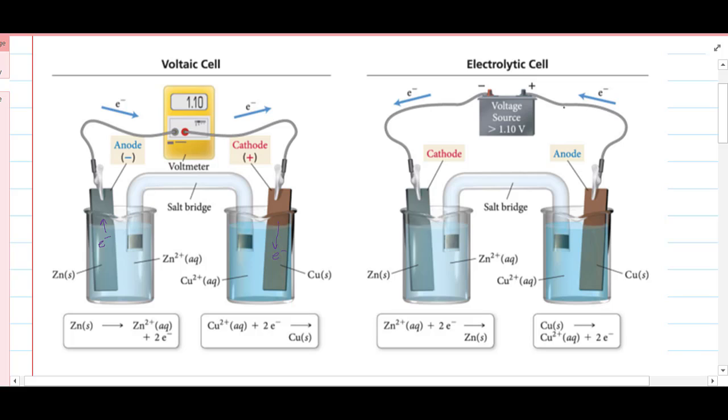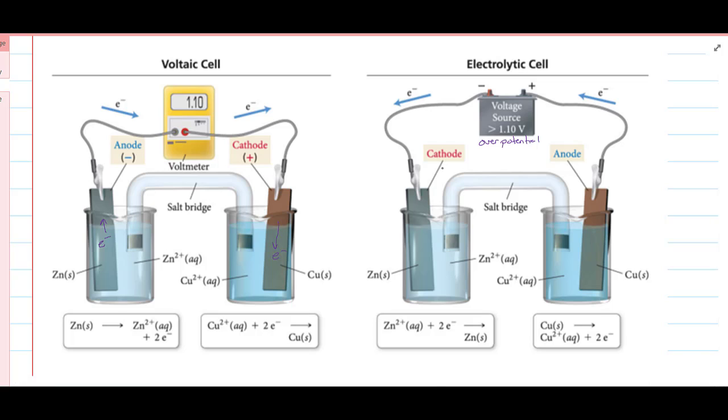In the electrolytic cell, we have what we call an overpotential, where the electrons are being driven to the cathode. So basically the circuit goes the other way.